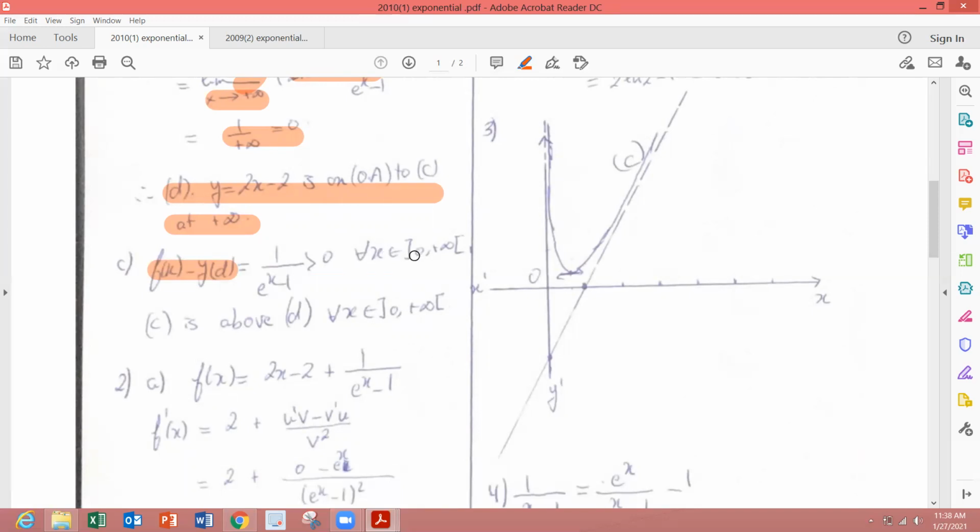Since x is greater than 0, e^x minus 1 is positive, so 1 over e^x minus 1 is positive for every x belonging to 0 plus infinity. Then we say C is above D for every x belonging to 0 plus infinity.